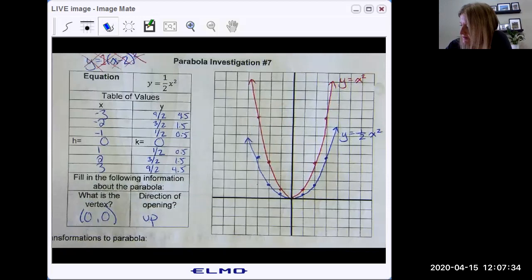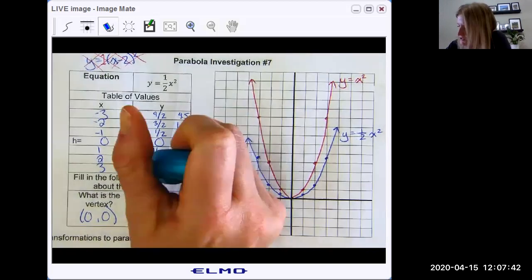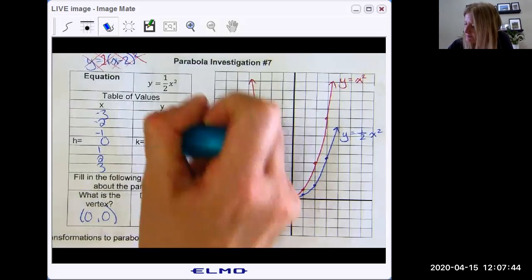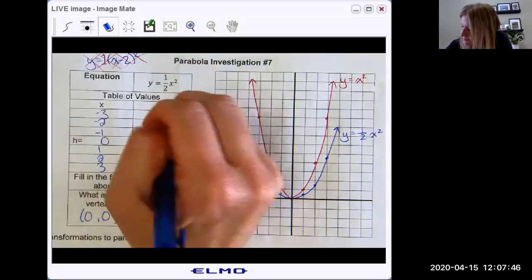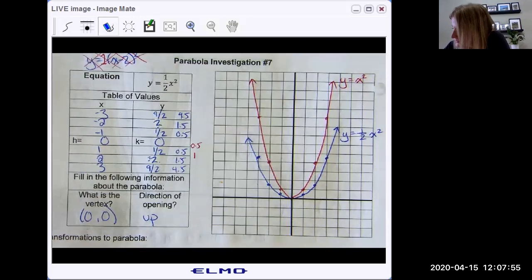Take a look at our step pattern. Oh, geez, I've done one wrong in here. That's 2. Right there.